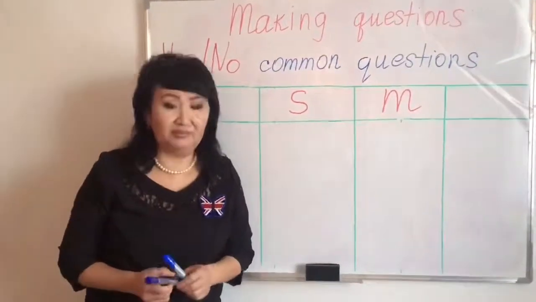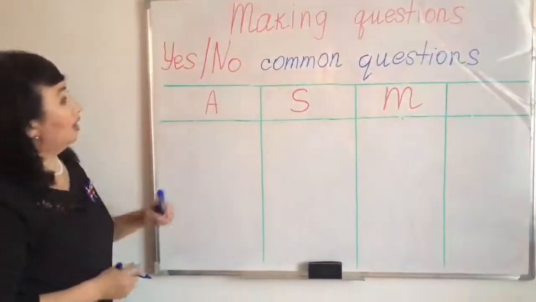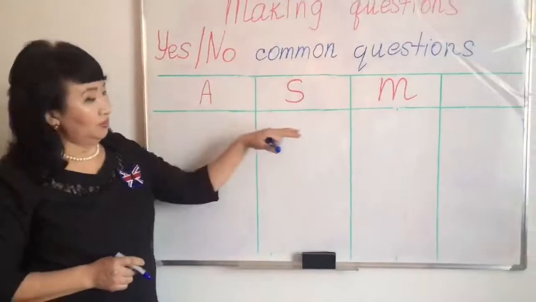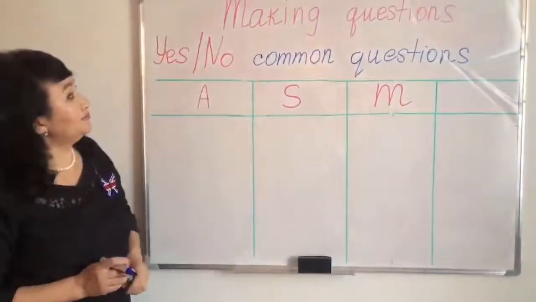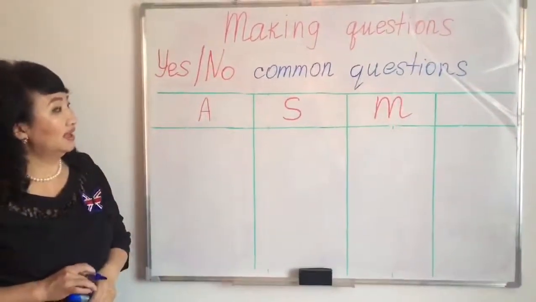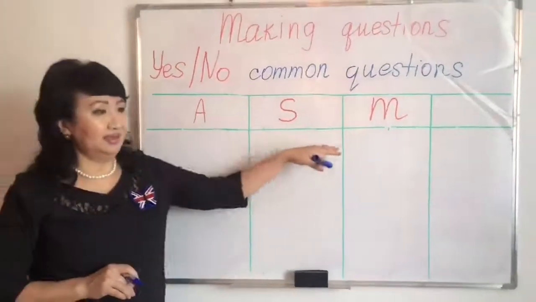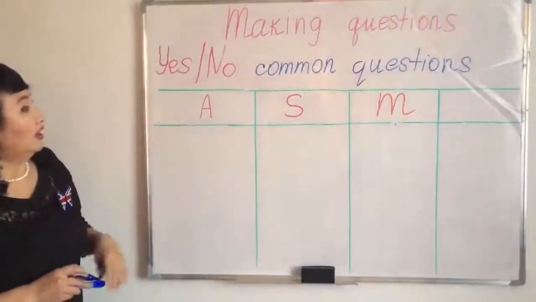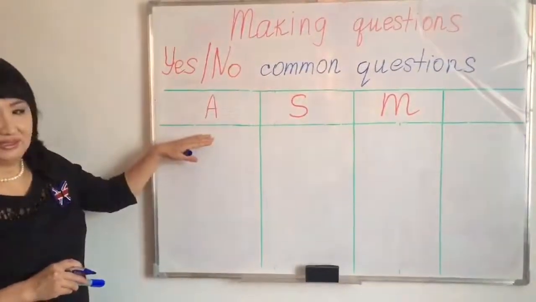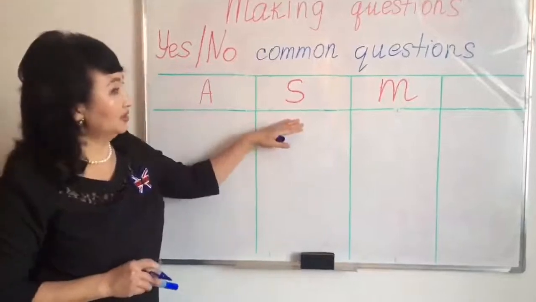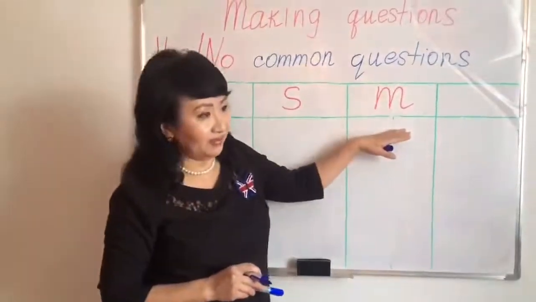Let's look at some examples. In order to remember the word order in the question sentence, I suggest the chart A, S, M. A is the auxiliary verb, S is for subject, M is for main verb.